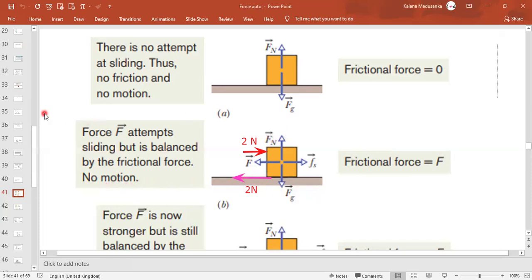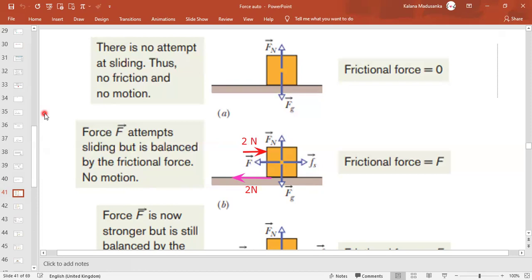Object has no motion. Now, if you cannot understand this one, let's take an example like this. Let's say your car is stopped, or let's say there's a large dining table. If you apply a force to that dining table, using only one hand, let's say you are applying only 2 newtons. Now, in some cases, it is not going to move, right? The table is not going to move.